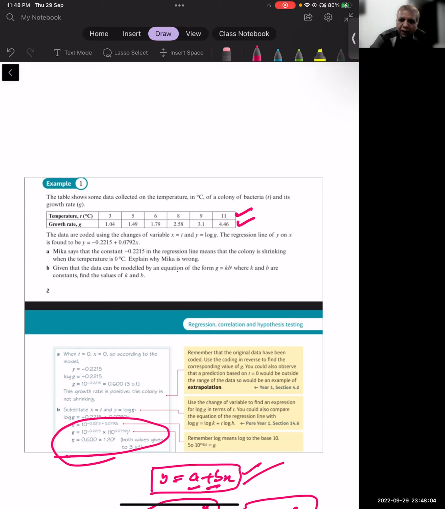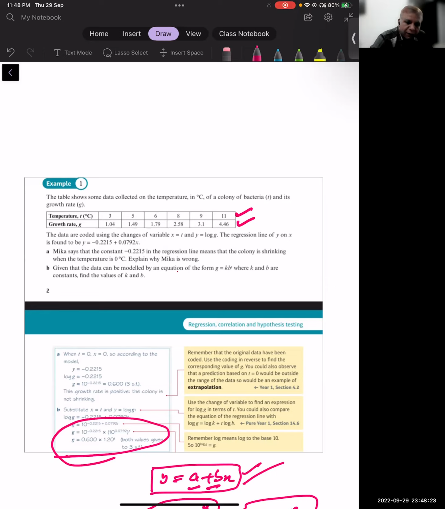As I was telling you, I have taken A and B and X. He has taken T and G. That's the only difference, right? The regression line for y on x is found to be y equals minus 0.2215 plus 0.0729x, right?